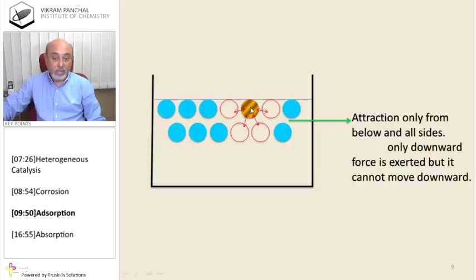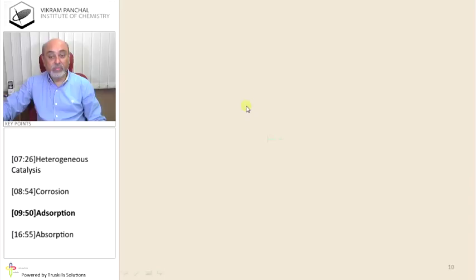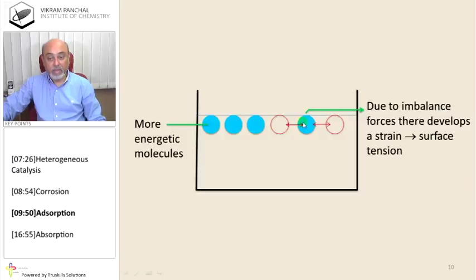This molecule is attracted by these molecules which are down, and therefore it should go down. But unfortunately, there is no space down, and therefore this molecule cannot move down, otherwise there will be nothing on the surface, so it has to remain on the surface. If it wants to remain on the surface, then definitely it should have more energy.